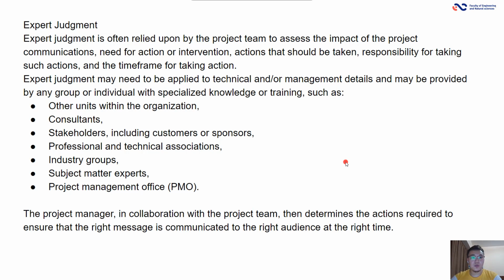Expert judgment may need to be applied to technical or management details and may be provided by any group or individual with specialized knowledge or training, such as other units within the organization, consultants, stakeholders including customers or sponsors, professional and technical associations, industry groups, subject matter experts, and the project management office, PMO.